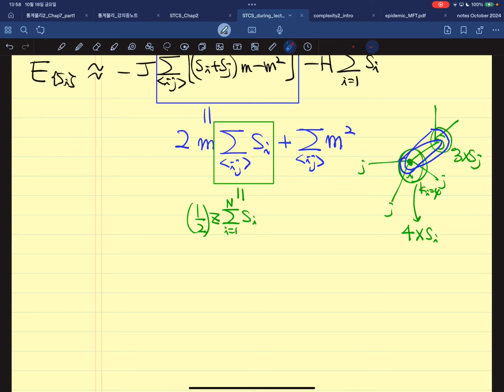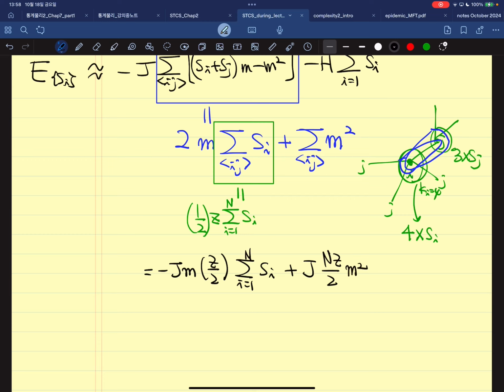But anyway, let's assume this coordination number Z. Then the equation, Si plus J, would be the same, because it is m squared times the number of edges, so it's NZ over 2. And then the non-interacting term here.